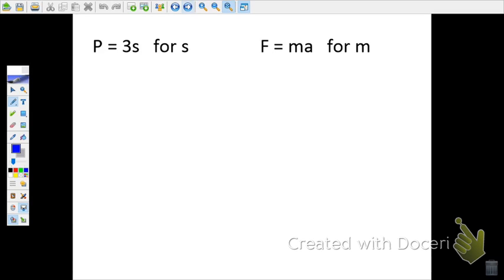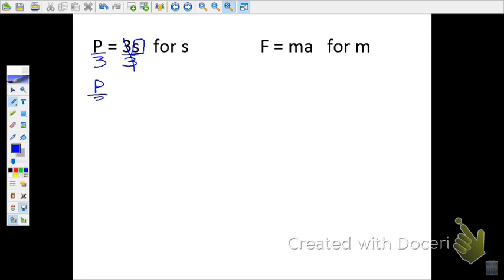So that variable S we want to get all by itself. So I need to get rid of the number 3 that's in front of the variable S. How do I get rid of that 3 in front of the variable? Ashton. I'm going to divide both sides by 3.